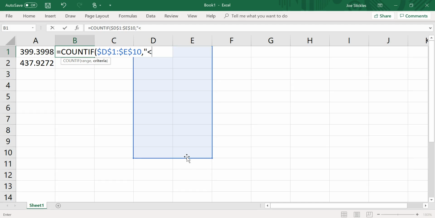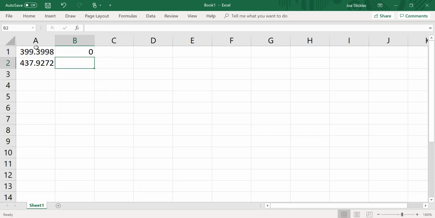They're all whole numbers, and that's a decimal, so I can just use less than. If you wanted less than or equal to, you could type an equal sign next to it. Put the less than in quotes, and then use the ampersand and refer back to A1. So that will count everything in the array that I highlighted that's less than A1. In this case, it should tell me 0 because there's nothing in there.